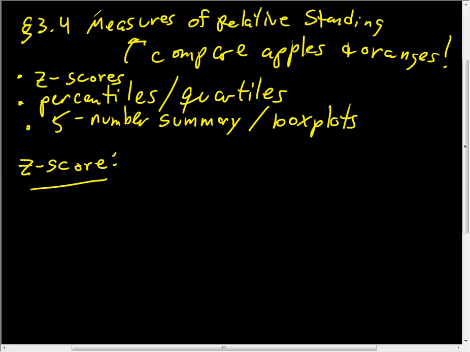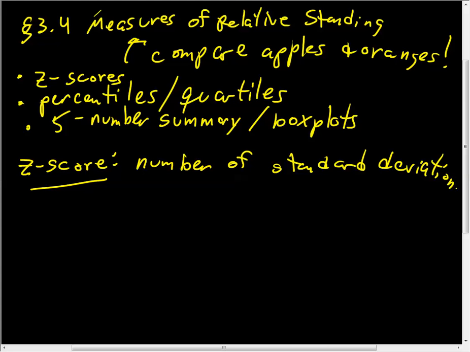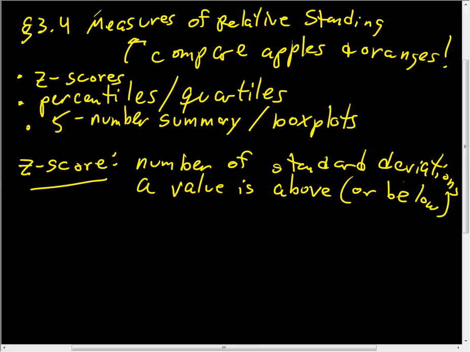The book's formal definition of a z-score is this: the number of standard deviations a value is above, or of course below, the mean.